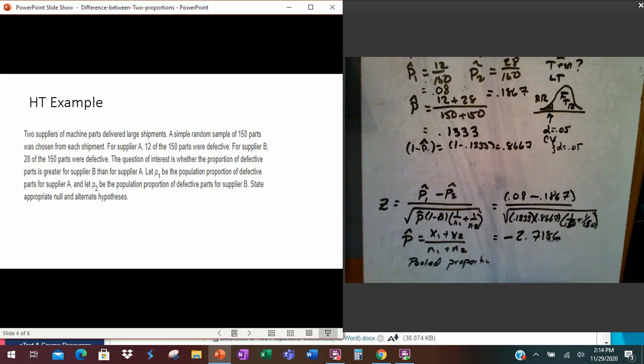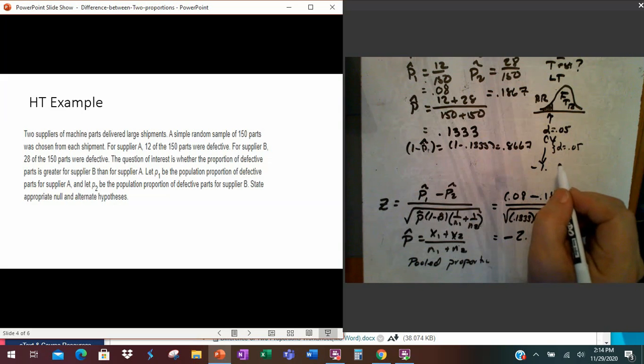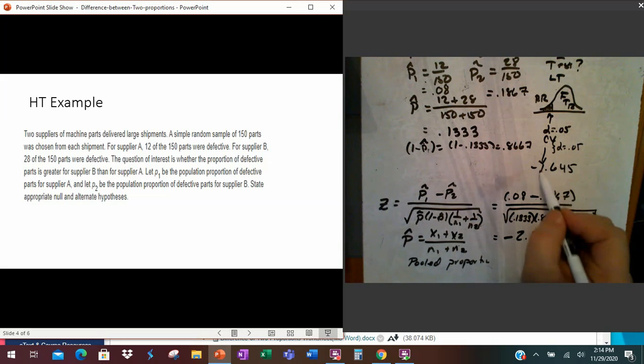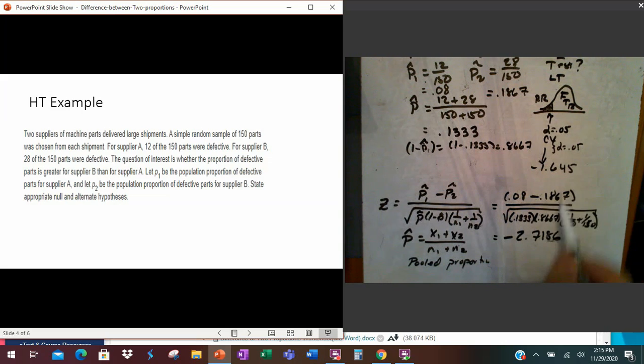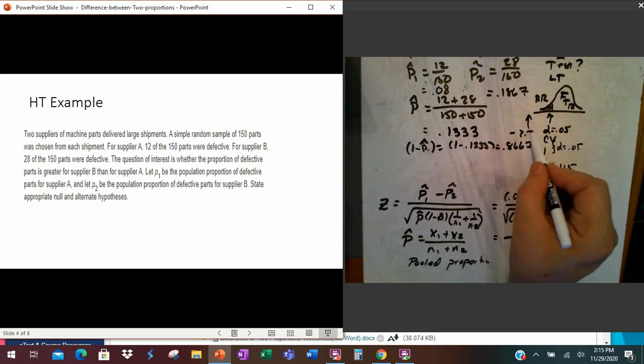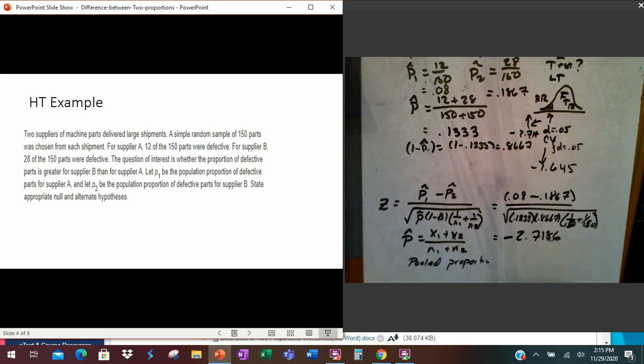Second distributions, inverse normal, and this should be a negative 1.645. So there's that piece of it. Here's the critical region. If I plot this, this is minus 2.7186, further to the left in the rejection region.